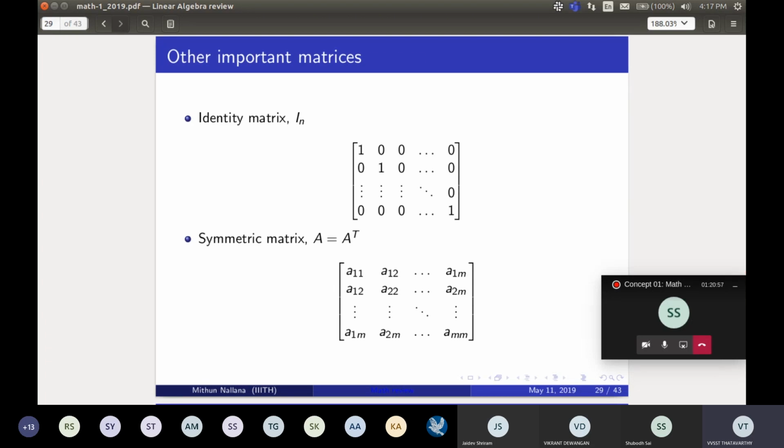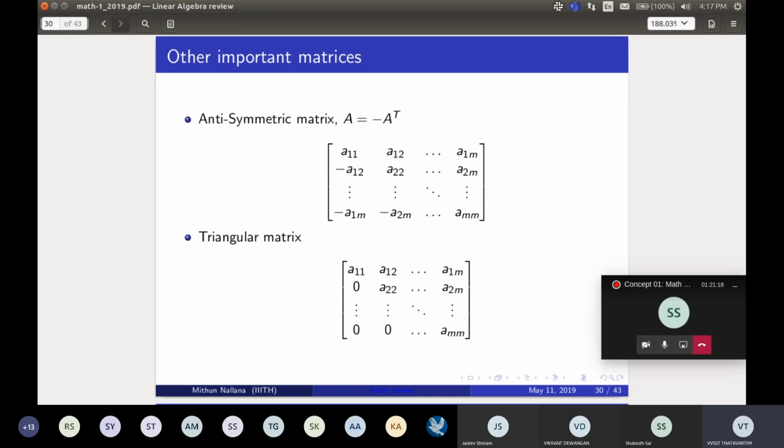Now we'll see different matrices which are quite often used in solving problems. An identity matrix is a zero matrix with all the diagonal elements 1. A symmetric matrix is defined as: if A equals A transpose, it is a symmetric matrix. Similarly, we have the anti-symmetric matrix.